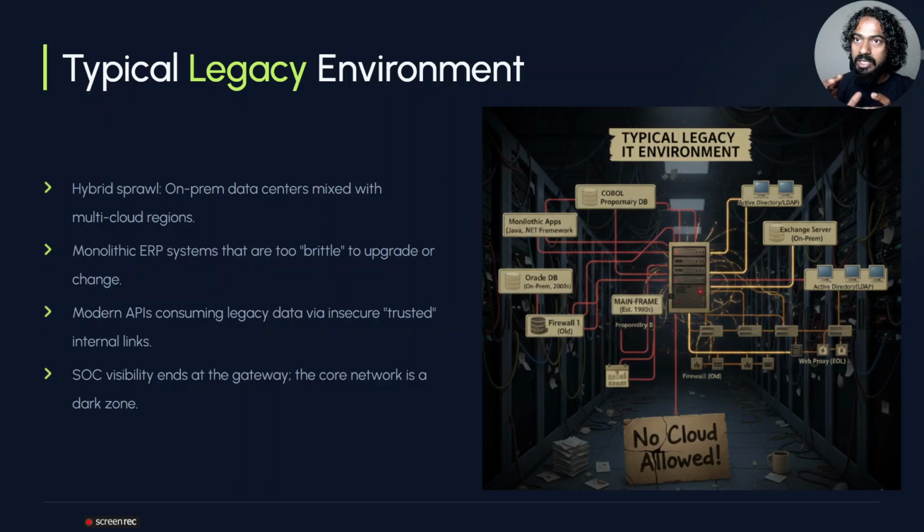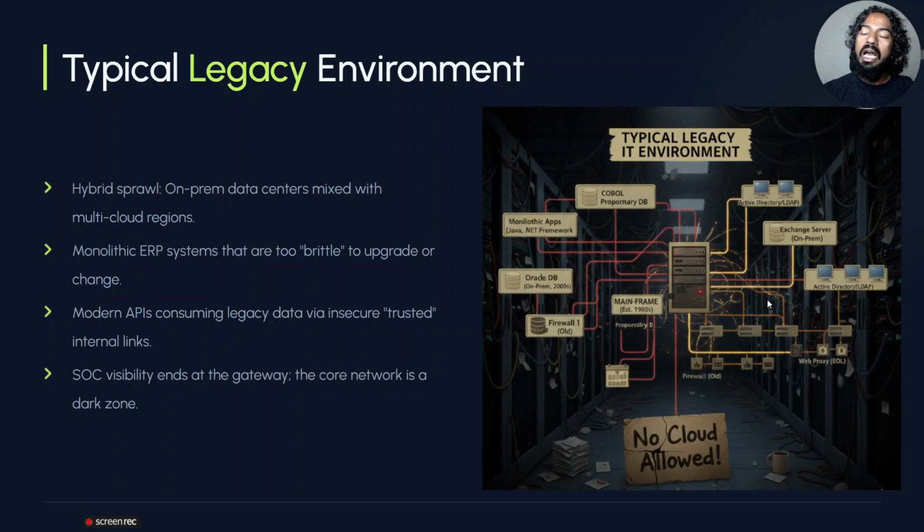Internal traffic is completely trusted. The SOC visibility mostly stops at the firewall level itself, and the east-west traffic is almost invisible. So, on paper, this organization says they are moving towards zero trust. In reality, internal access is still wide open.